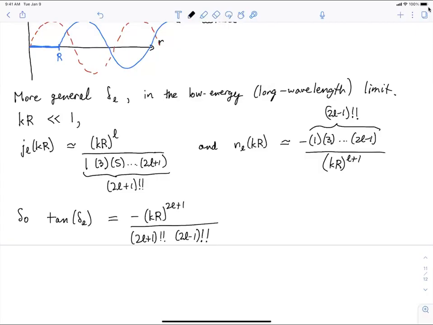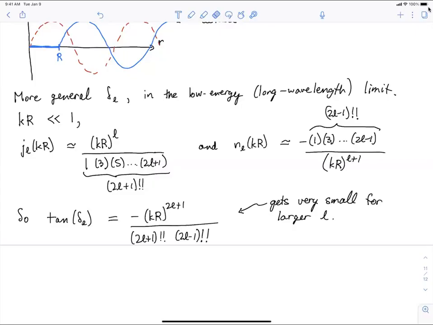Right, so now we can take the arctangent of both sides to solve for that. But the key lesson here is just that as L gets larger, this gets small really, really fast. So this gets very small for larger L for two reasons.